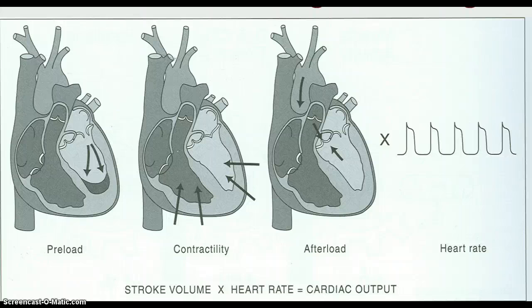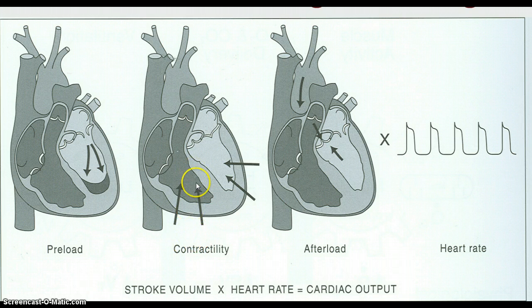So if you didn't understand what preload, contractility, and afterload is, I'm explaining it now. So preload is basically the amount of stretch that your heart gets when your ventricles are being filled. So your ventricles are going to fill up with blood, and they're going to stretch a little bit, and the amount of stretch is called preload.